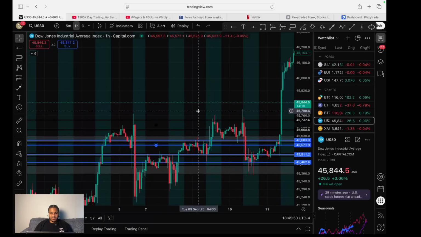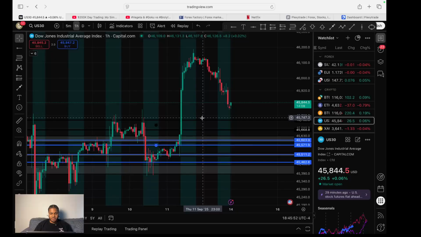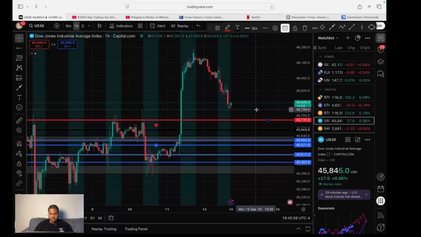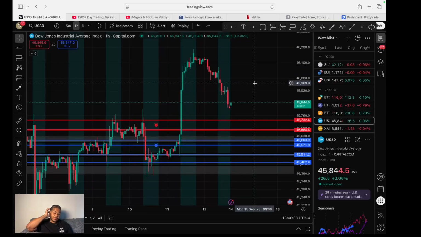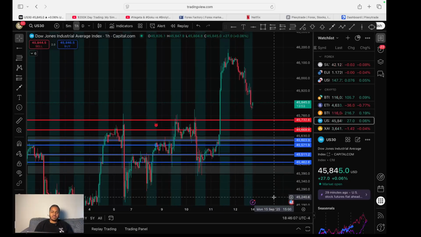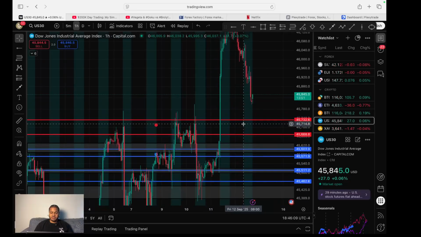All right, so US30, the play for US30 is easy. Let me change the color real quick, just like this. All right. I'm also very bullish on US30 as well. The only thing with US30 is it's more volatile. It's very similar to Bitcoin, how volatile it is.